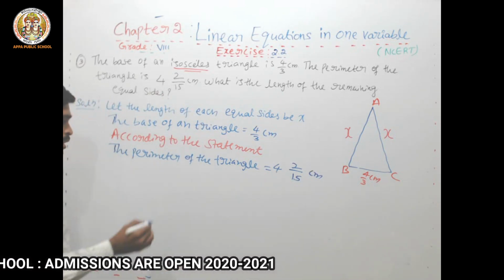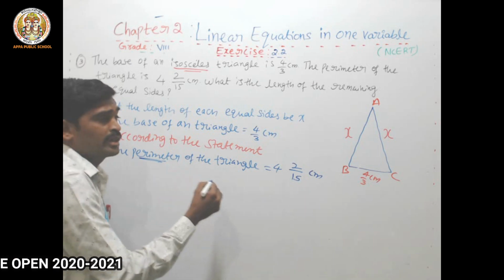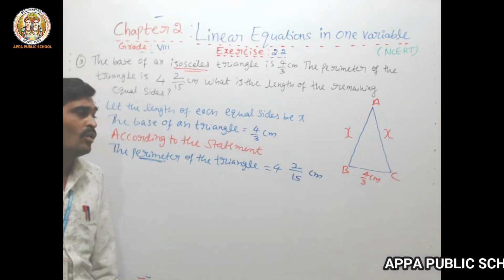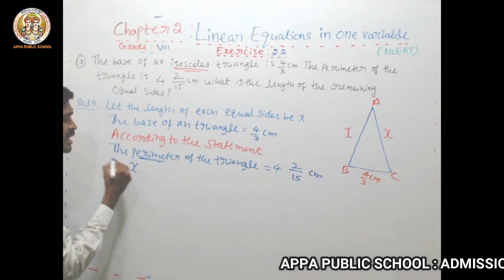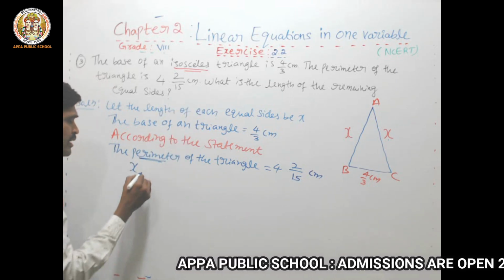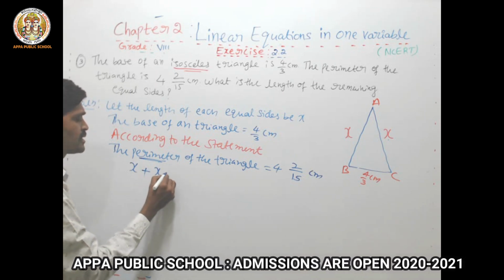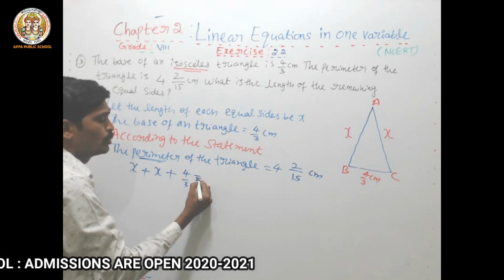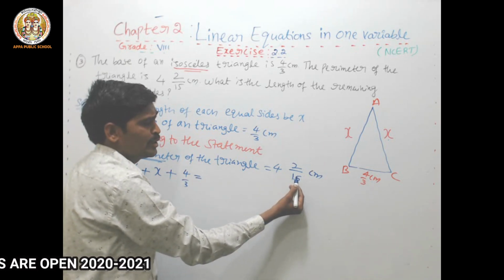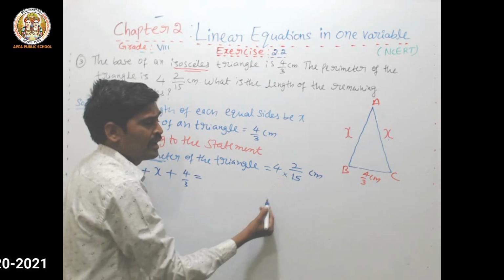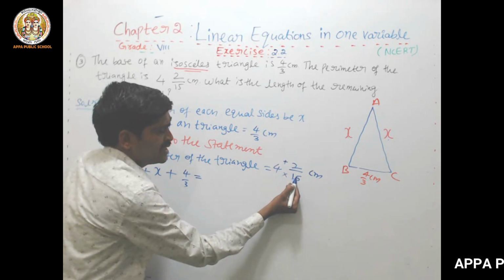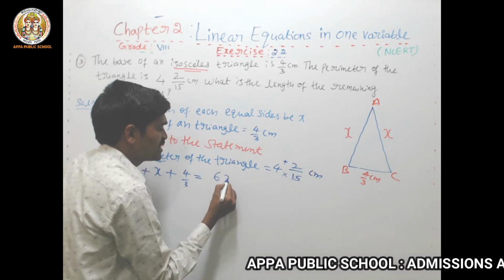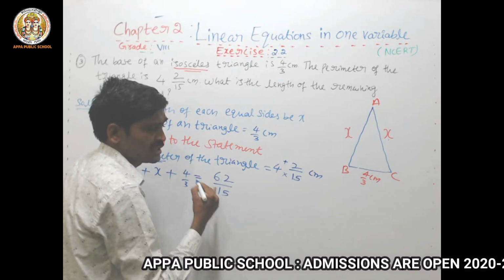Now, perimeter means, everybody knows, my dear students, the sum of all the sides. One side AB, we don't know its length, that's why we take x. Again, AC should be x. Again, the base is given as 4 by 3. The given mixed fraction, convert it into an improper fraction. We multiply and then add: 15 into 4, 60, 60 plus 2 is 62, denominator keep as it is, 15.